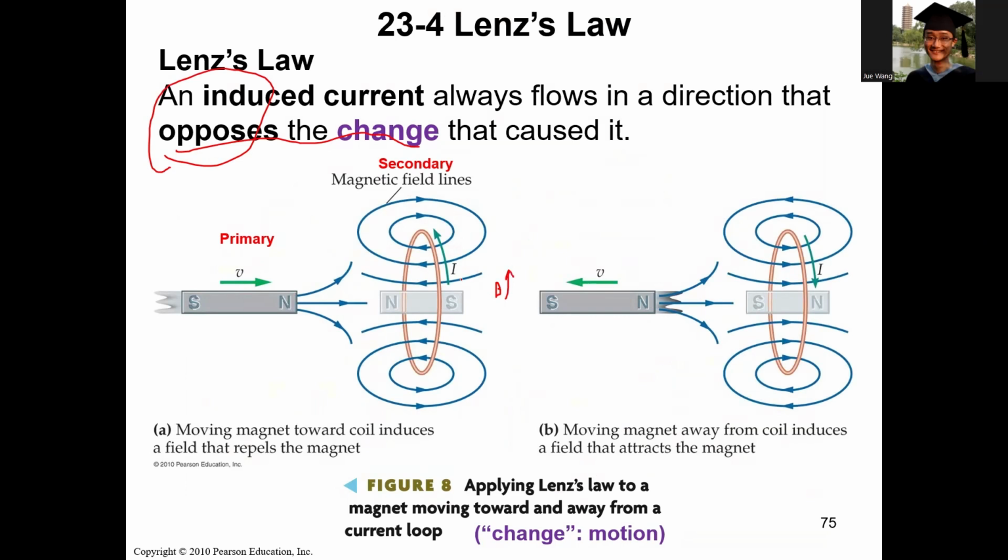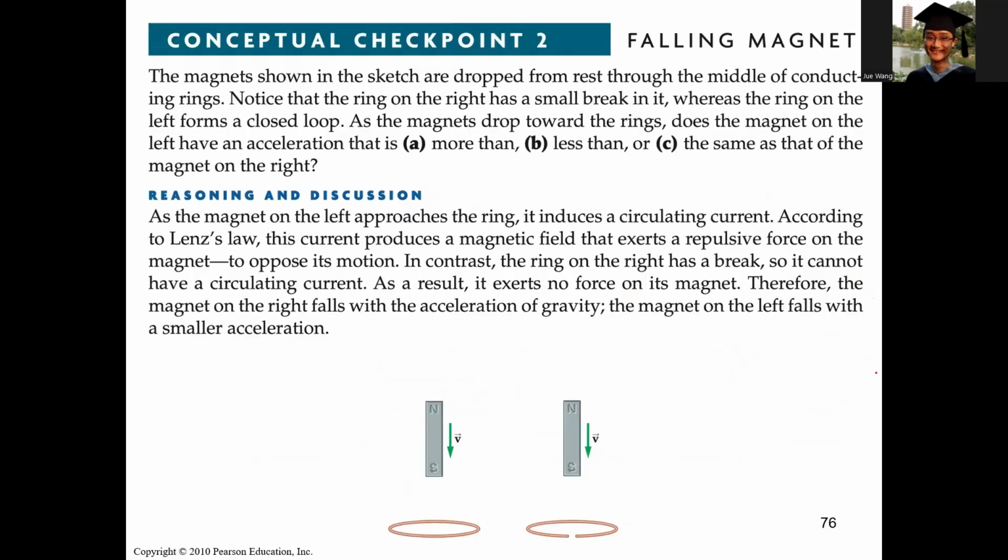So the induced current needs to generate a field towards the left so that the field would not increase that fast. If the bar magnet is moving towards the left, then the field pointing towards the right is decreasing. So the induced current needs to generate a field pointing towards the right, so the field doesn't decrease that fast. With this, we can determine the direction of the induced current.